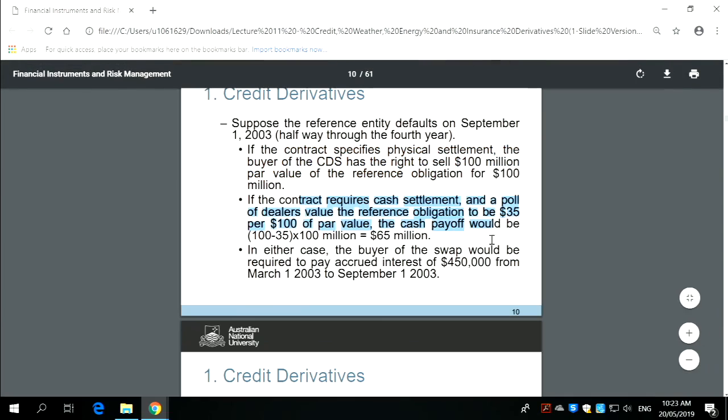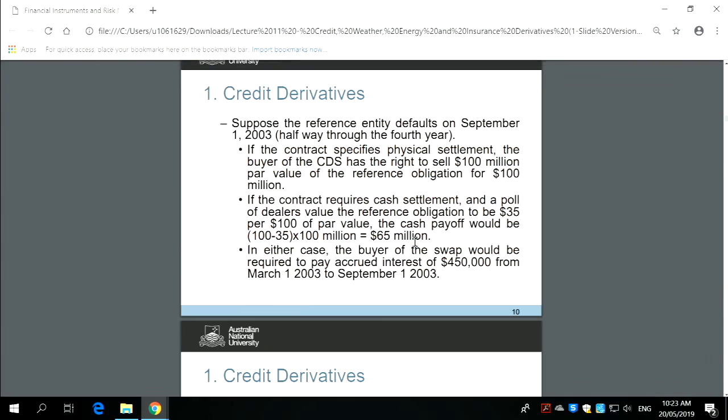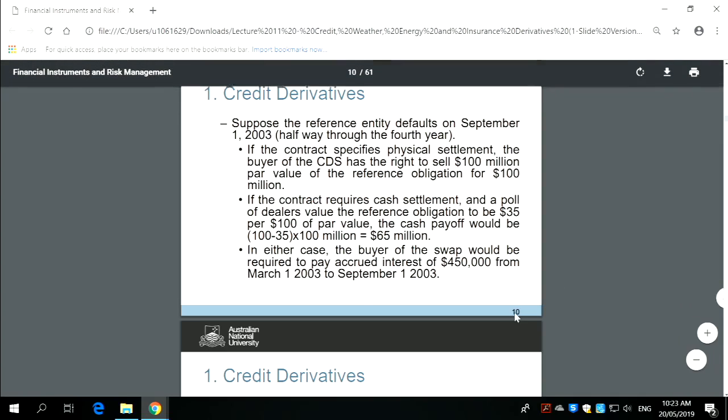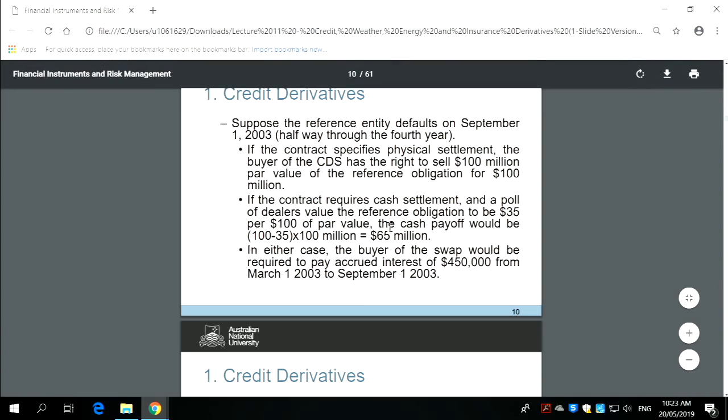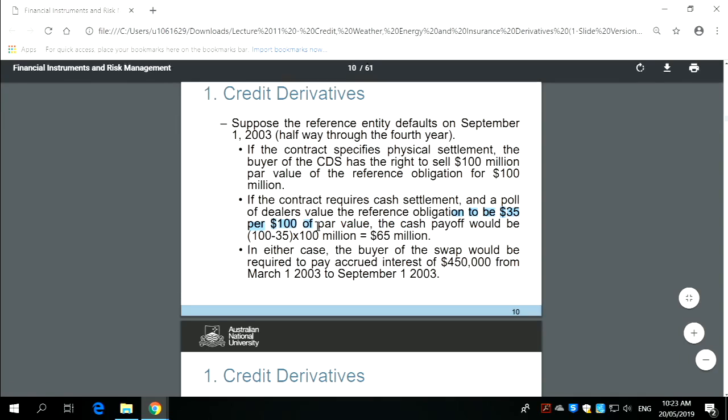Now, the second way this CDS contract can be settled is through cash settlement. In the case of cash settlement, someone would organize an auction. They use this auction to determine the recovery value of this troubled bond, okay? And in this particular question, we were told we can recover $35 per $100. In other words, the recovery rate is 35%.